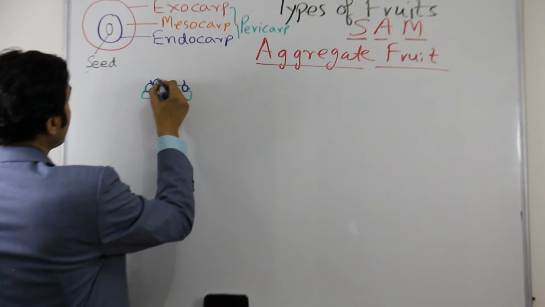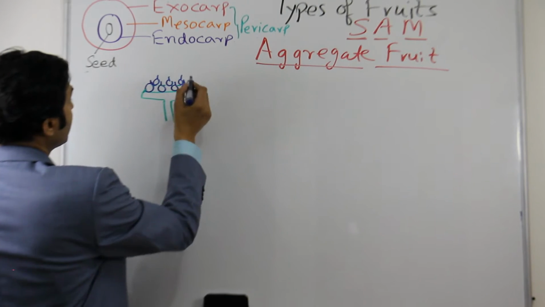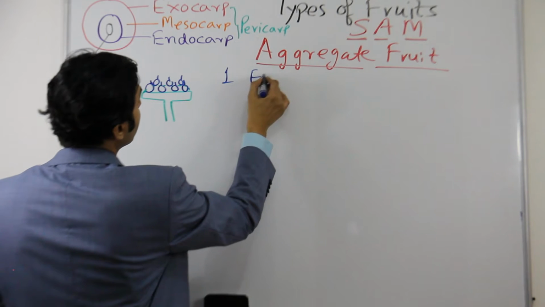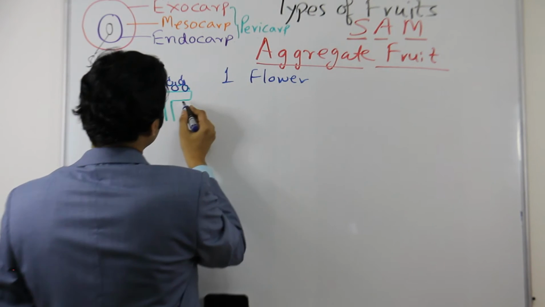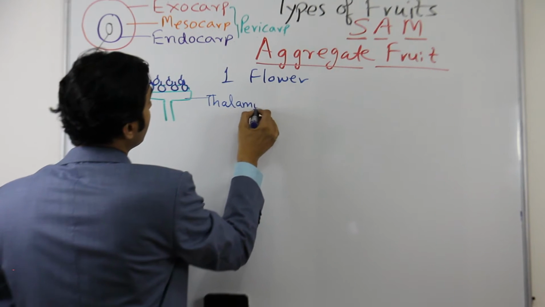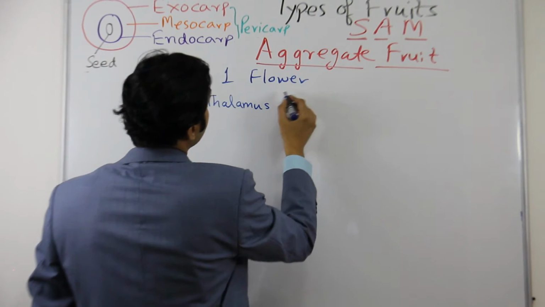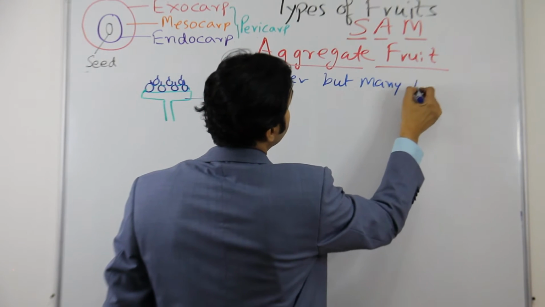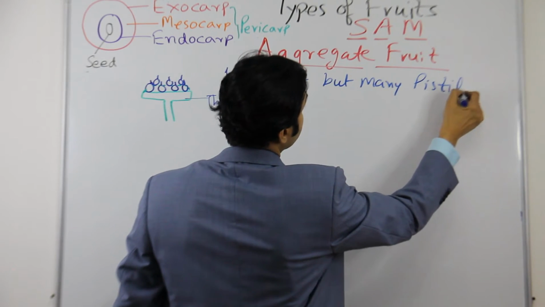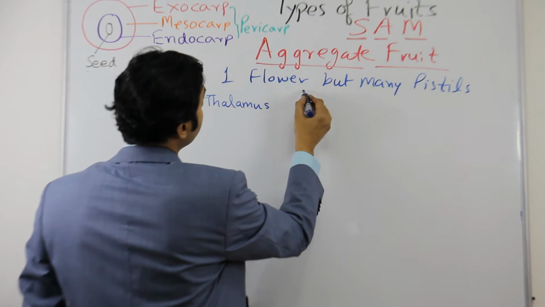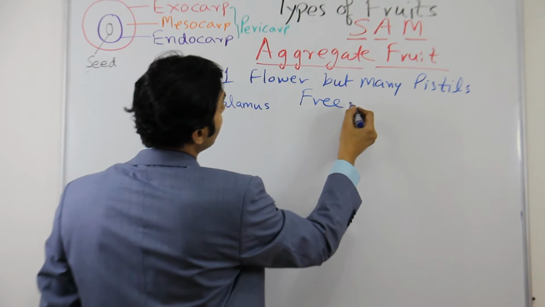So more pistils like this. Aggregate fruit develops from one flower, one thalamus, because one flower will have only one thalamus. So one flower but many pistils, or stigma, style, ovary, and they are free from each other.